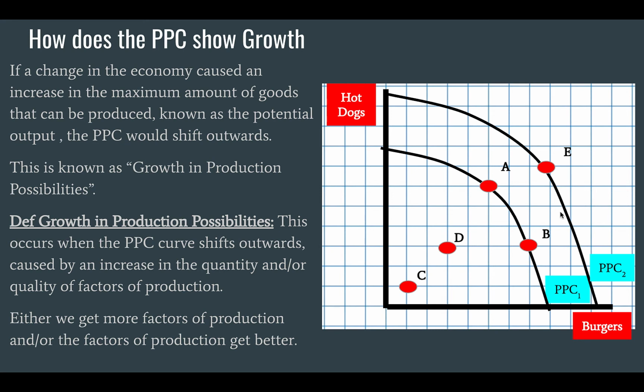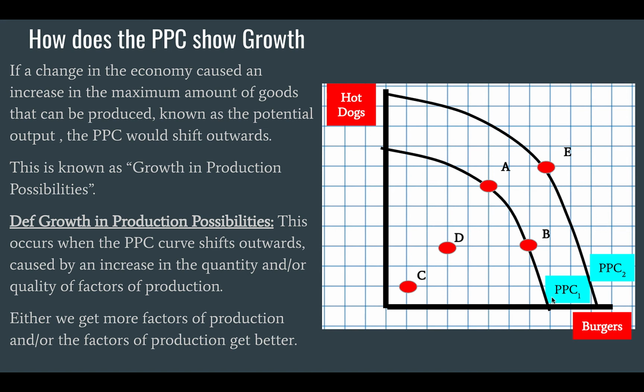We are able to produce more of both goods, and that is shown by an outward shift of the production possibilities curve. Now, I'm getting a little bit ahead of myself, so let's bring it back. If there's a change in the economy caused by an increase in the maximum amount of goods that can be produced, known as potential output, that's essentially what the PPC represents, then the PPC will shift outwards.